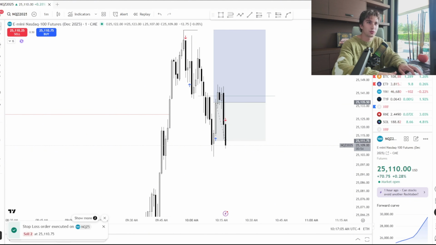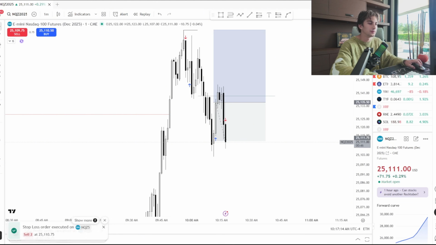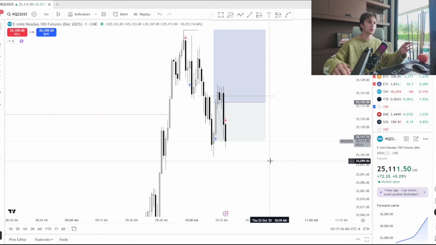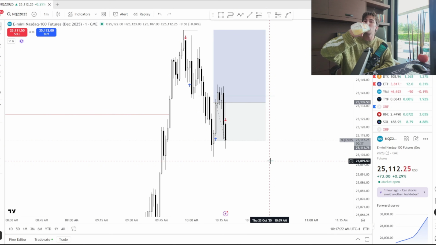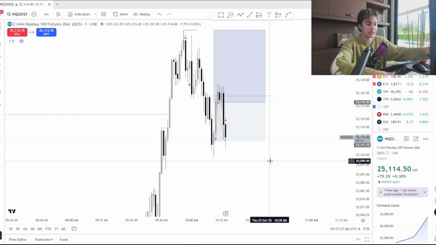Did Trump tweet some shit just now? Are you serious, bro? No? No, that's just a normal candle. Okay, cool. I'll take the loss. I'll accept it. This is probably the 3 minute that cooked me. That tiny ass 3 minute that I didn't see.